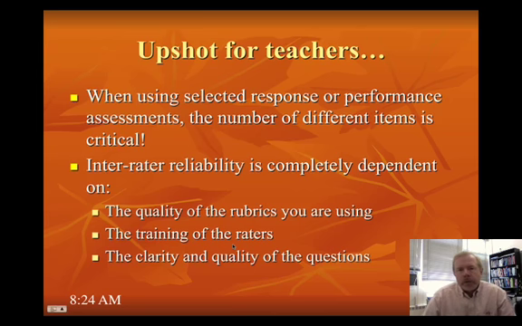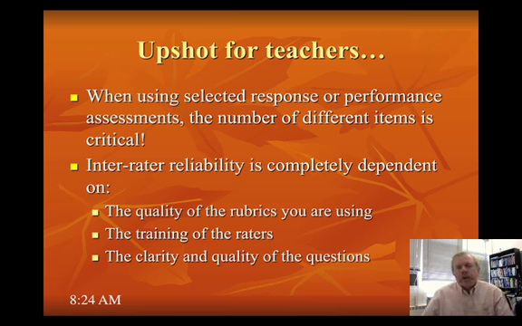So what's the upshot for you as teachers? When you're using a selected response or performance assessment, the number of different items that you use is absolutely critical. You could see that with 1 or 2 items, Cronbach's Alpha couldn't possibly be good. The second thing is that there's an issue of inter-rater reliability that is completely dependent upon the rubrics that you're using, the training of your raters, and the clarity and quality of your questions.